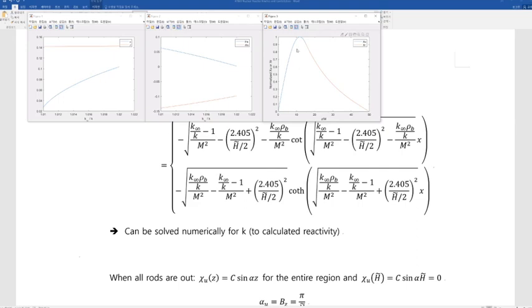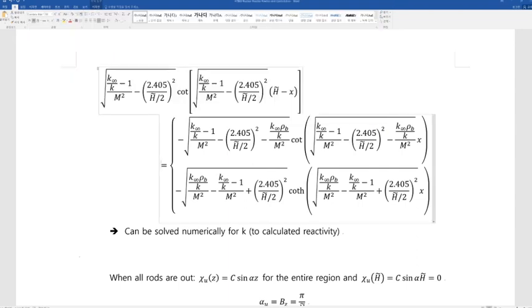All these graphs could be produced by numerically solving for k in this equation.